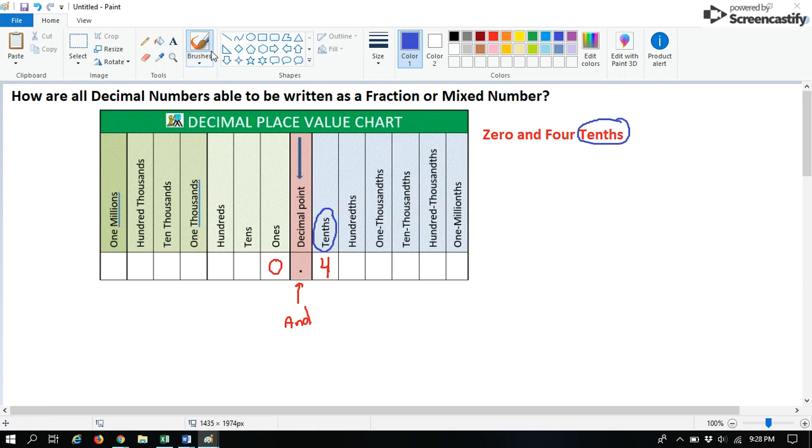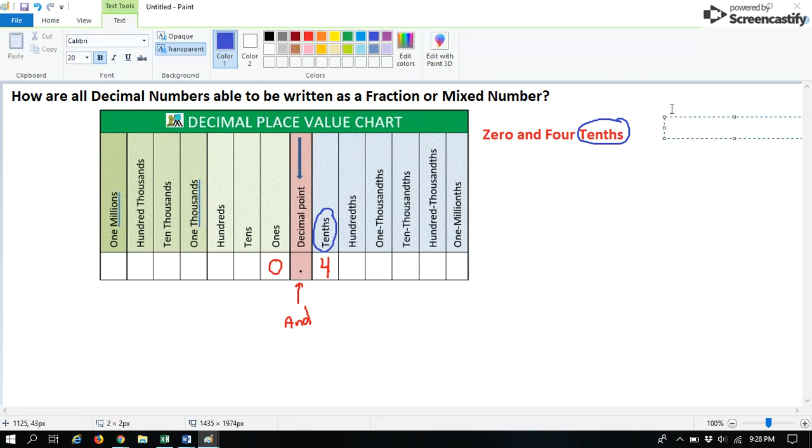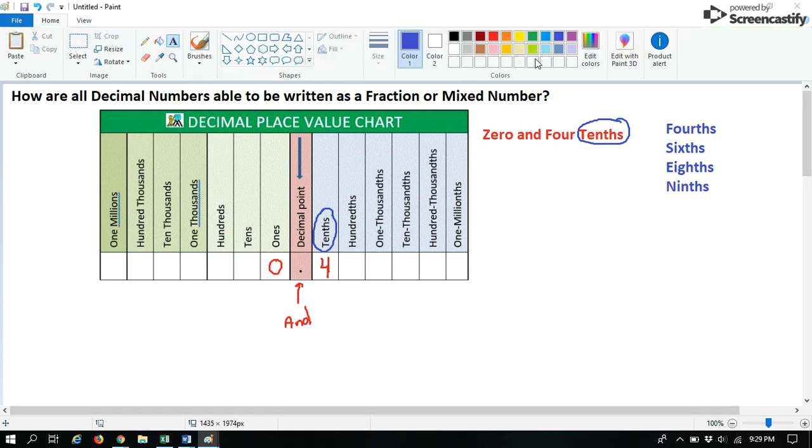There are some other words that we're familiar with that end in THS: fourths, sixths, eighths, and ninths, and hopefully we remember that those represented fractions.